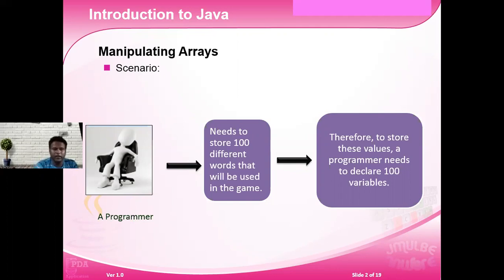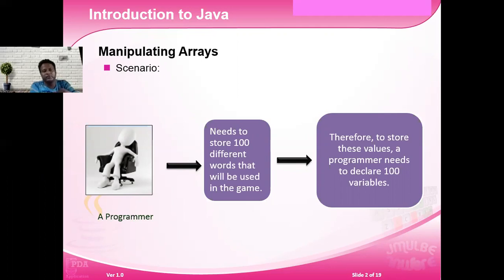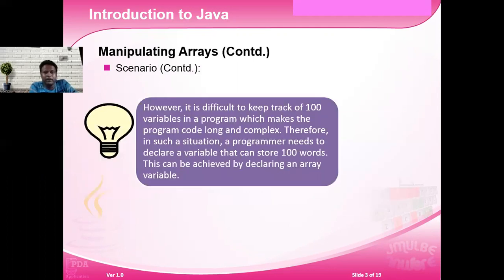For storing 100 values, we require 100 variables. However, it is very difficult to keep track of 100 variables in a program, which makes the program code long and complex. If you want to store 100 data, then 100 variables you have to declare. Managing the 100 variables is a very difficult task.